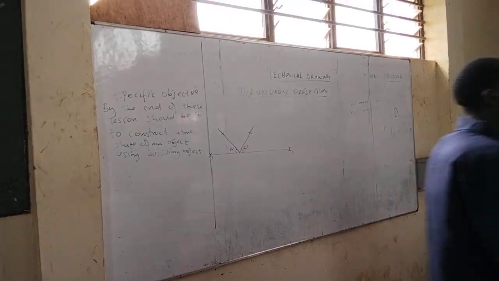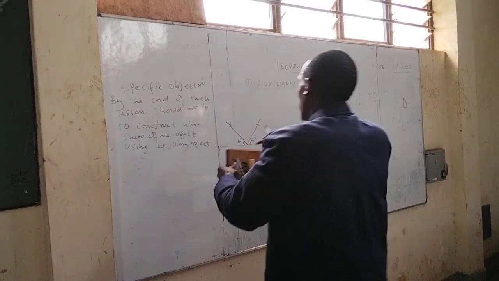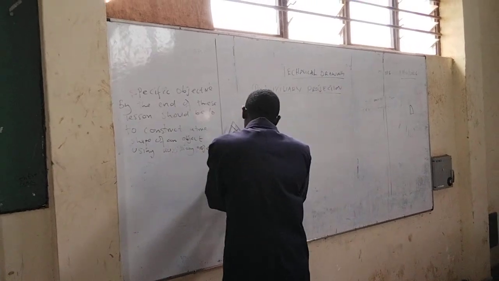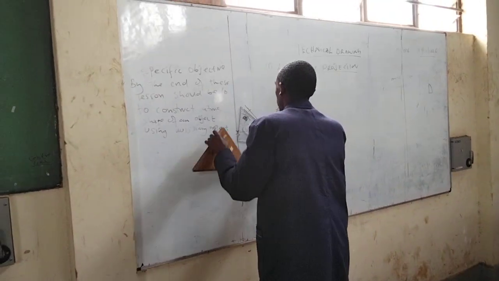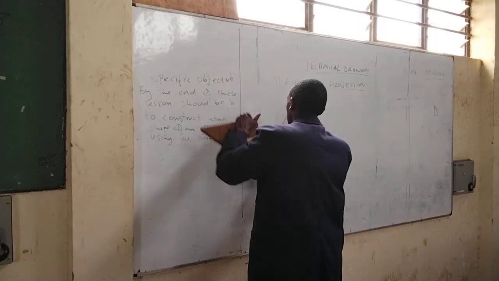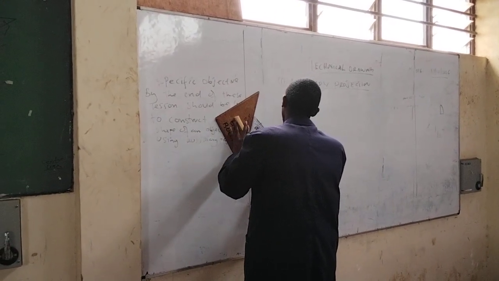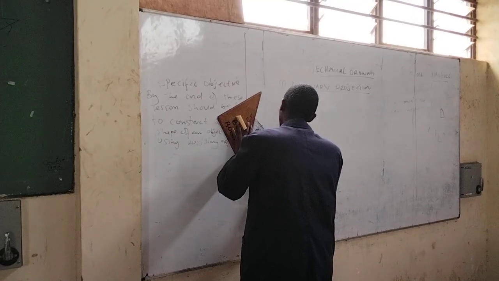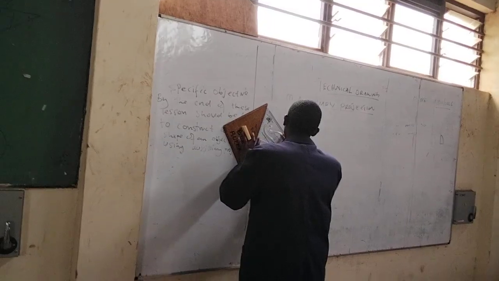So using your set square, you can slide to come up with the full shape. You can slide this line to this position, like that one.